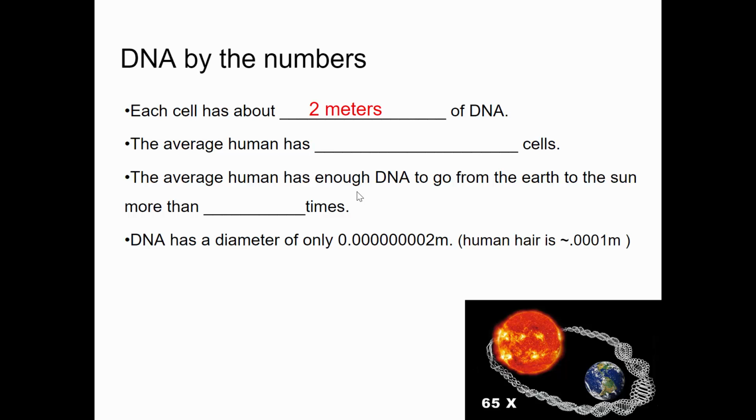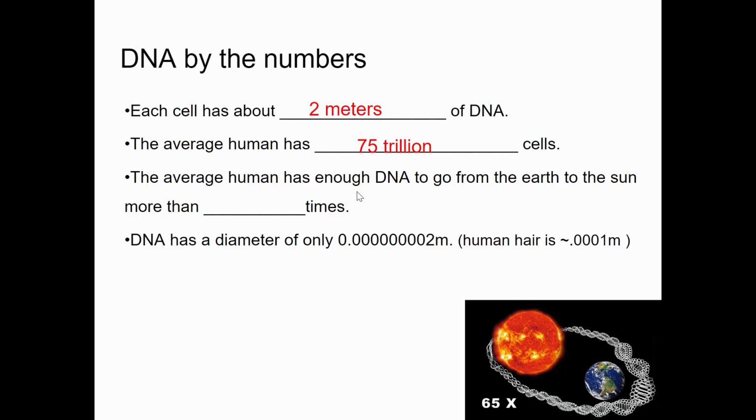Each cell, if you were to take the DNA from a single cell, it's about 2 meters, maybe the length of your desk, all wound up in this tiny little nucleus of a cell that we see under the microscope. On average, humans have trillions of cells, 75 trillion.